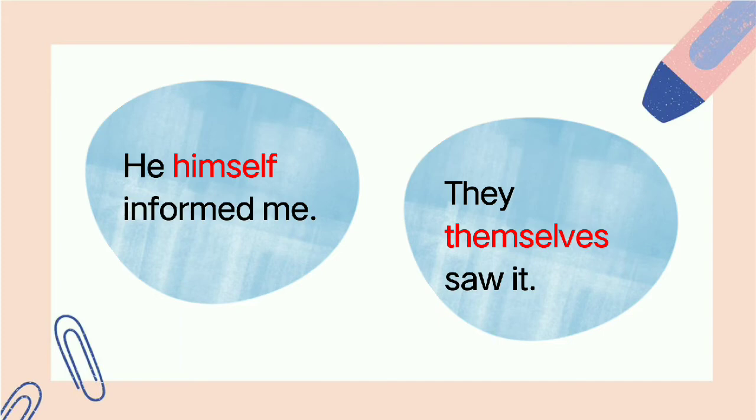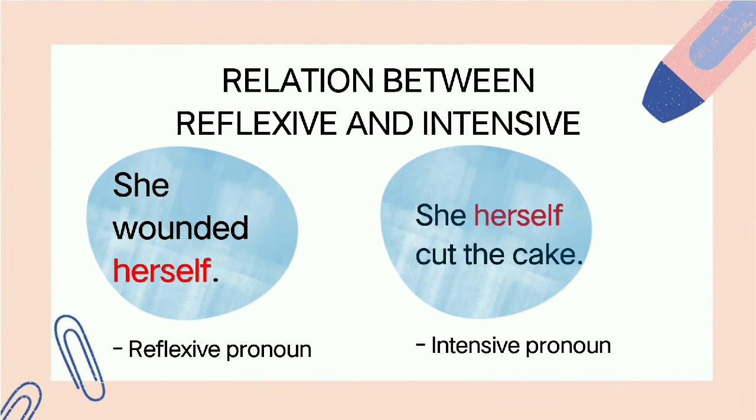Now, how can we know in the sentence whether it is a reflexive or intensive pronoun? Let's take these examples for better understanding. That shows the relation between reflexive and intensive pronouns. She wounded herself.